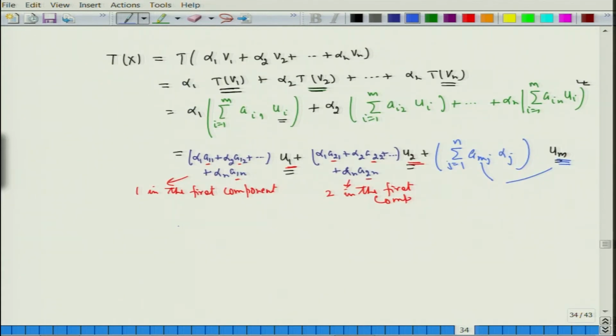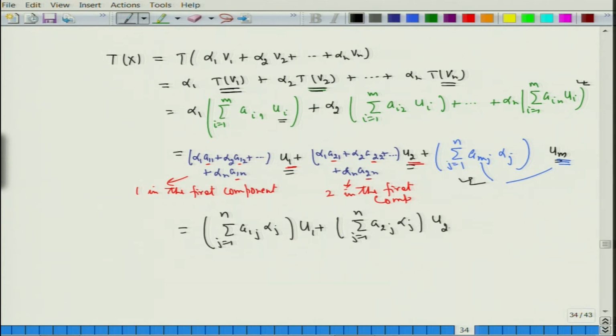So therefore this is equal to, let me use this notation itself. Summation A1j alpha j, j equal to 1 to n, times U1, plus summation j equal to 1 to n A2j alpha j U2, plus so on, plus summation j equal to 1 to n Amj alpha j of Um.